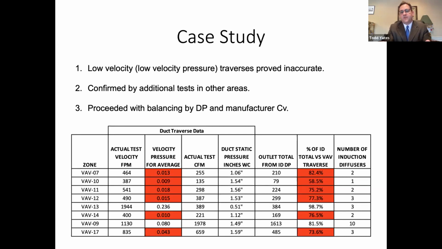We don't normally think in terms of velocity pressure with a pitot tube, because we're using devices that calculate that for us. So we don't have to think in those terms. But the associated velocity pressure is well below the 0.05 that Shortridge says is the low end, not the low end of what they'll read, but the low end of the scale they give you for accuracy.